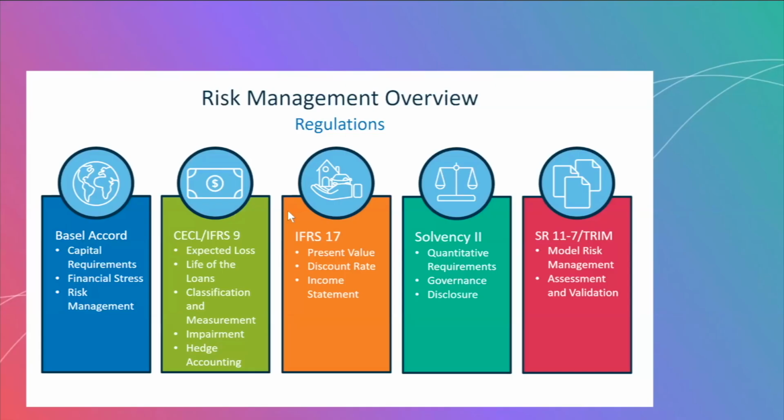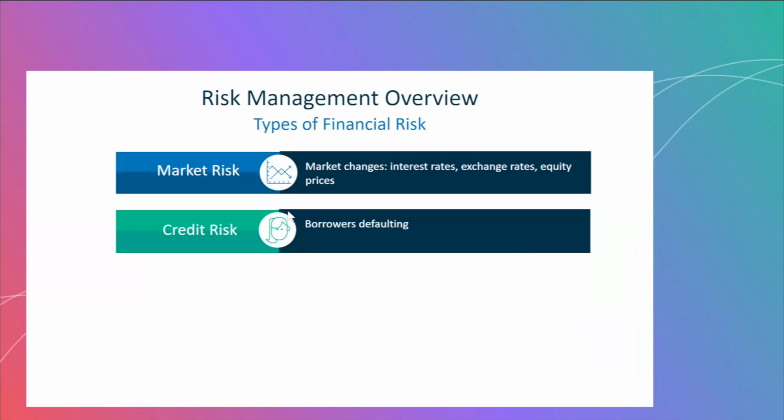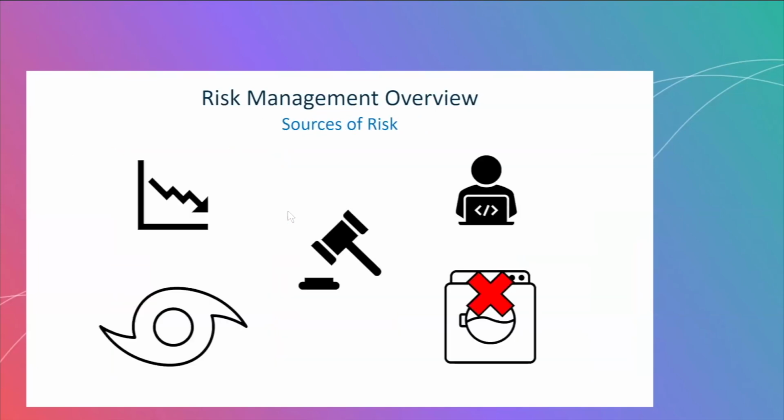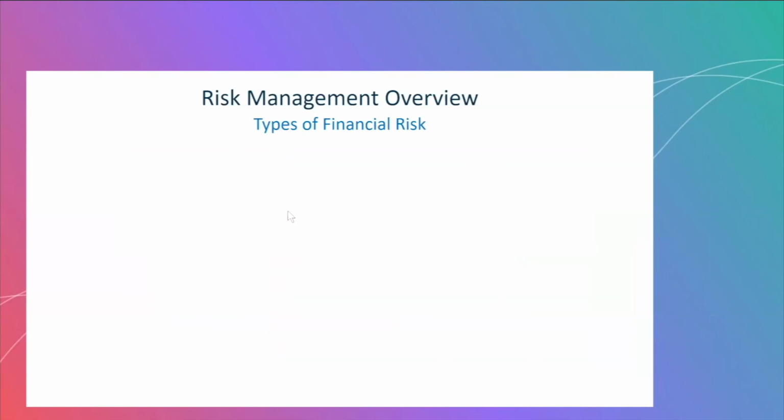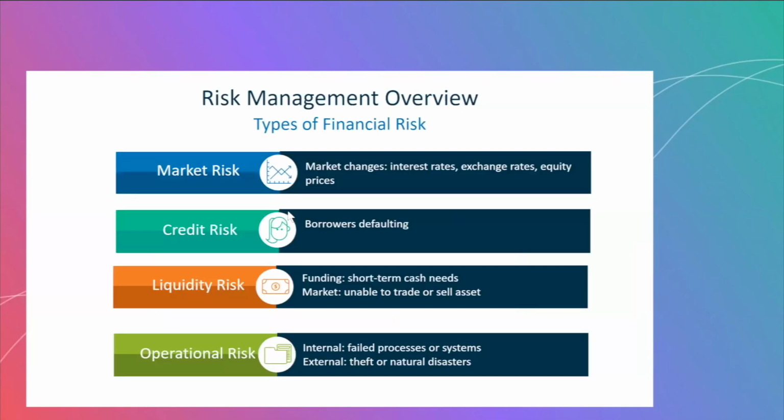So at every stage, just summarizing both of these slide decks that we have been looking at, let me recap. There are multiple factors of risk, broadly categorized into market risk, credit risk, liquidity risk, and operational risk.